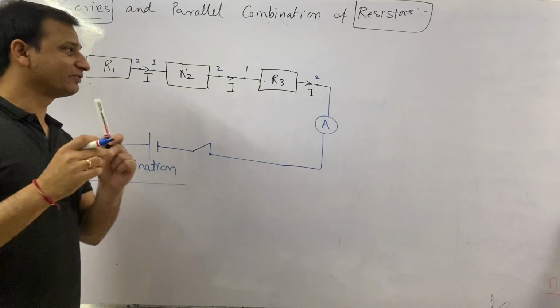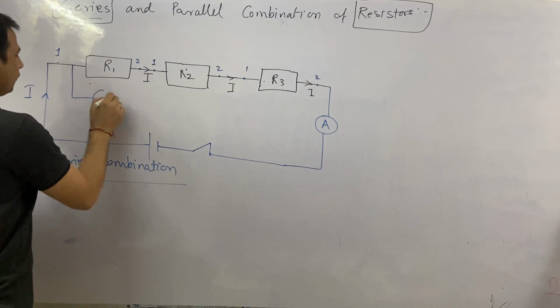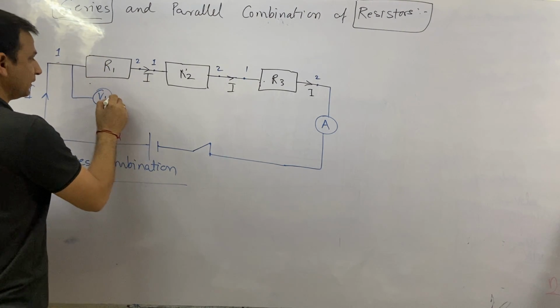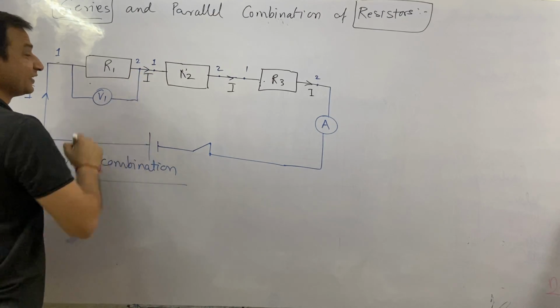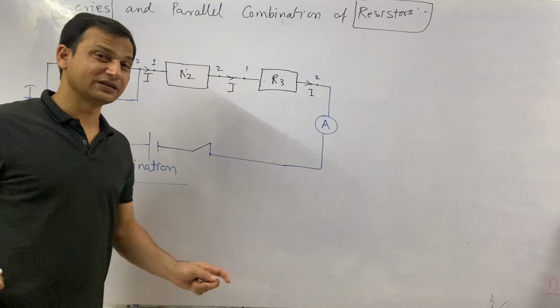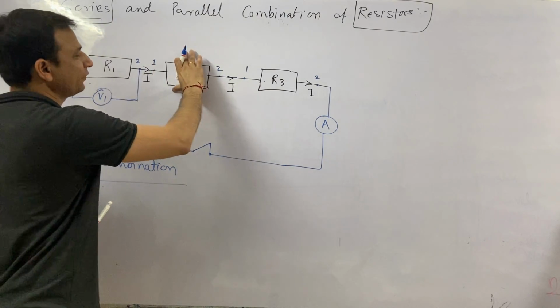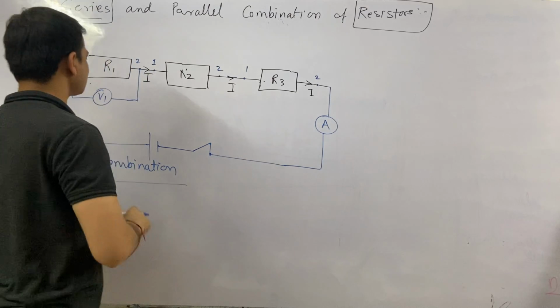But one thing will be different, and that is voltage. Voltage across R1 will be different, but it's not necessary that it's always different. Voltage will be different if the resistance of each resistor is different.